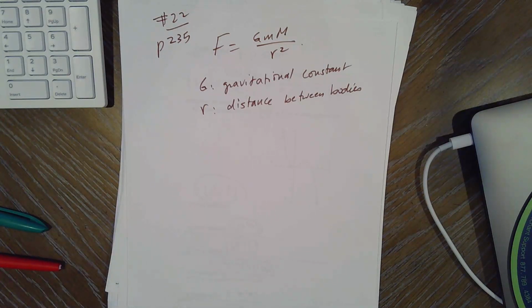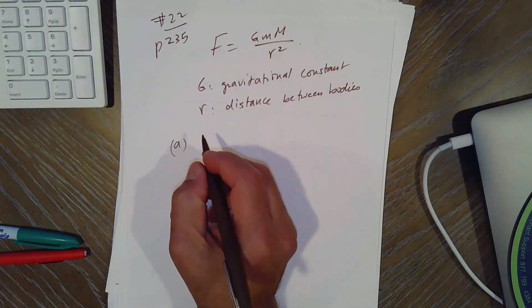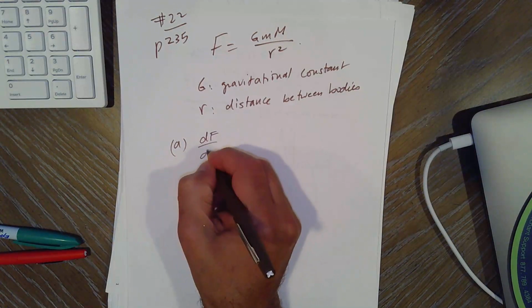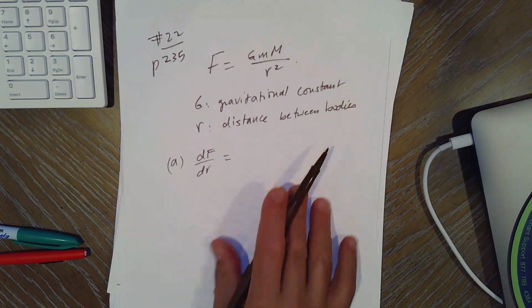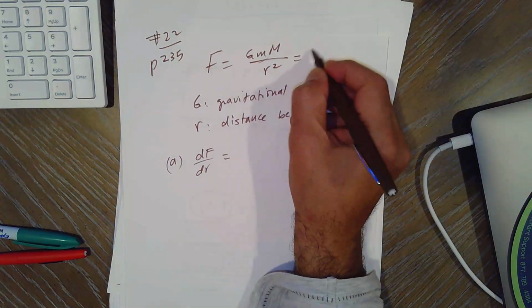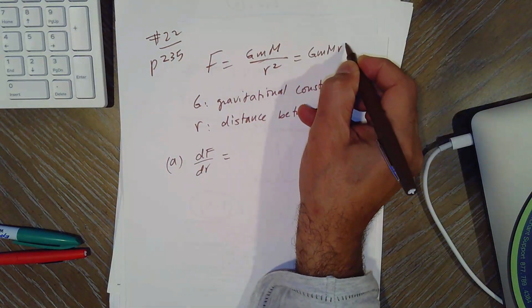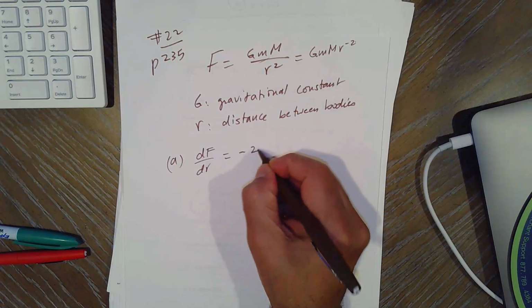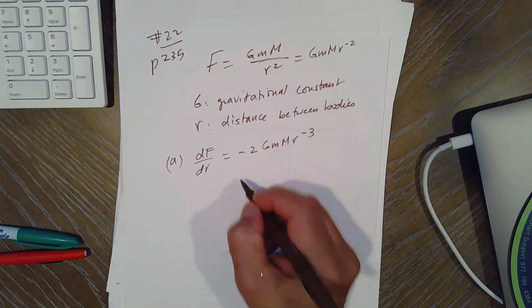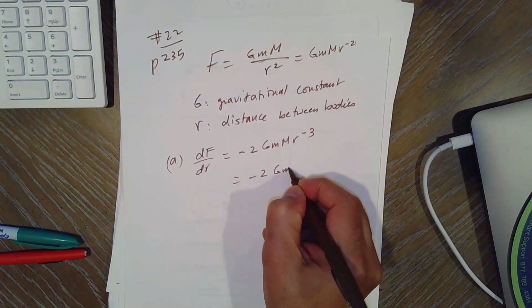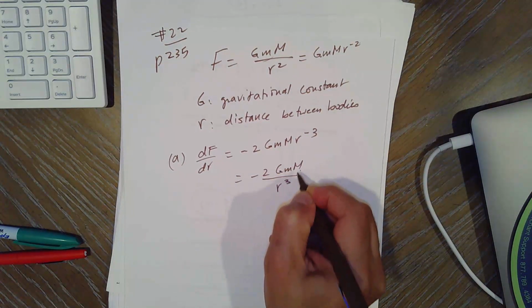So we find dF by dr, where r is the variable. G, m, and big M are constants, and we're going to write r to the negative 2, so it's negative 2 G m M times r to the negative 2 minus 1, which is negative 2 G m M over r cubed.